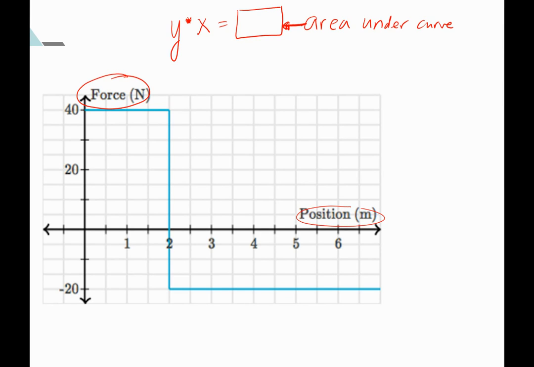But in this case, I could figure out what the work done in this system is, because my work is equal to my force times distance. So my work is the area under a force versus position graph.